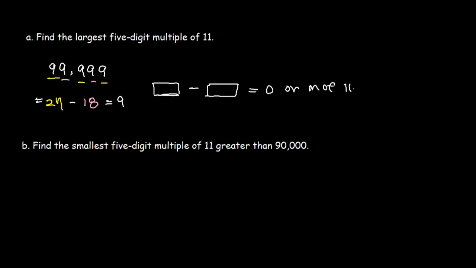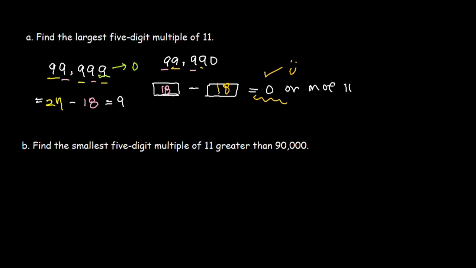So what if we change this number here to 0? Then we'll get the number 99,990, and we know that the alternating digits, 18 here minus 18 here, give us 0 as an answer.